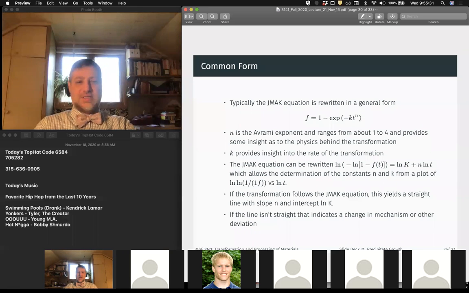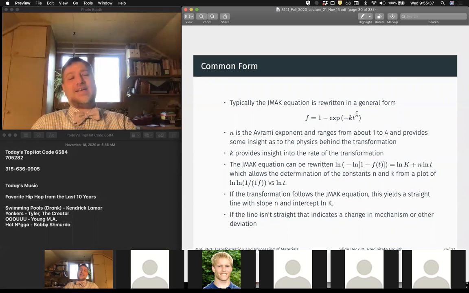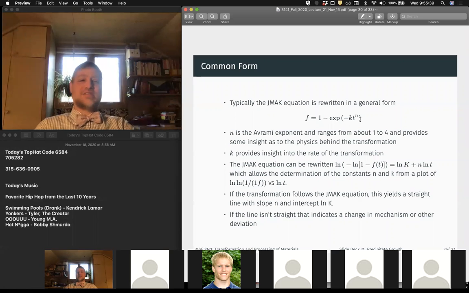Maybe, sometimes, in ideal situations. I say that with huge caveats, because in the past there's been a lot of emphasis placed on, oh, my Avrami exponent is 3, so that tells me something.